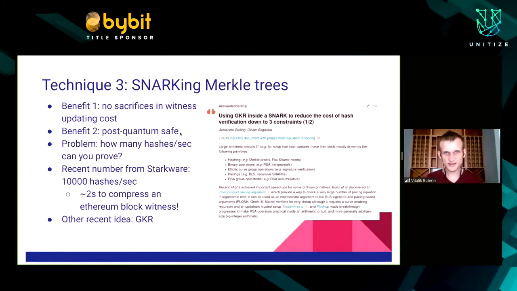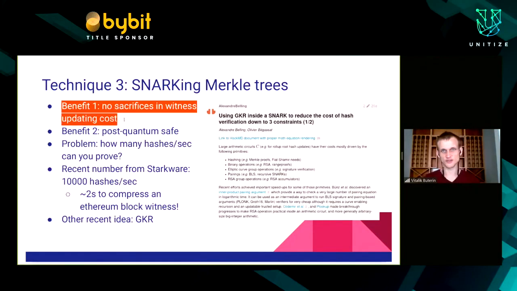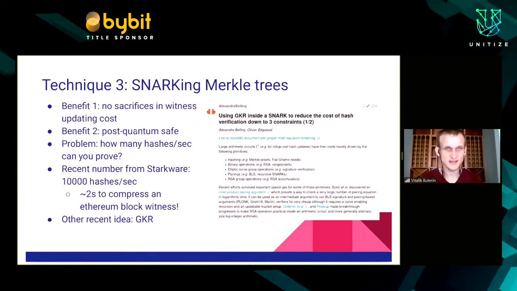And then technique 3 is just snarking Merkle trees, as I mentioned, right? So you make a snark that proves that there's a whole bunch of Merkle branches that prove some specific set of values. The benefit is that this is an overlay onto a Merkle tree, so there are no sacrifices in witness updating, for example. Another benefit is that it's quantum safe.